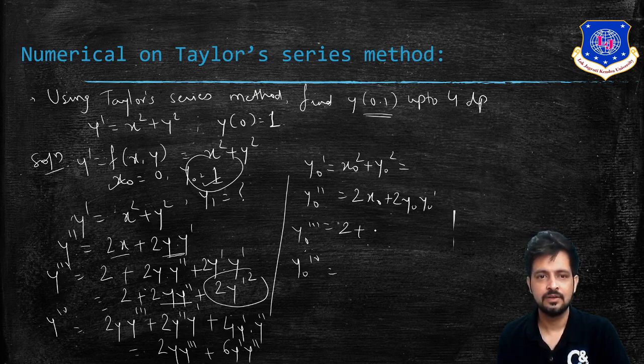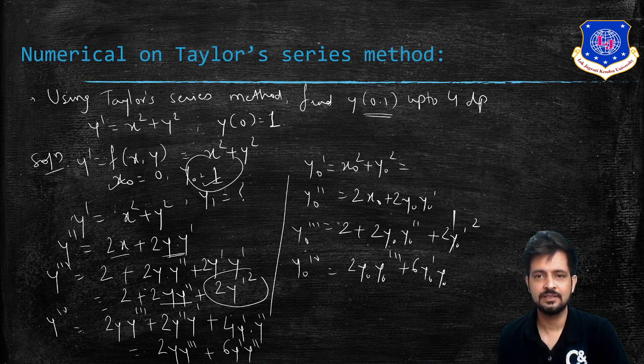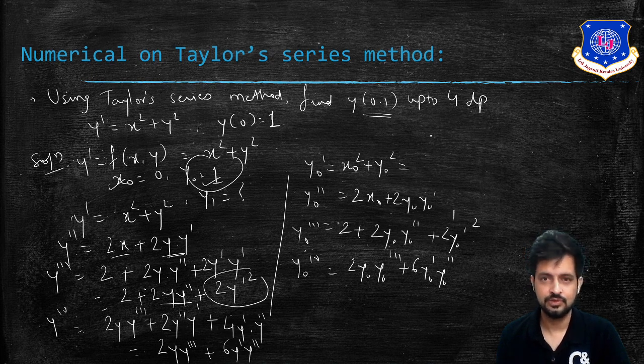Then y0 triple dash is 2 plus 2y0 into y0 double dash plus 2y0 dash square, and the fourth derivative is 2y0 y0 triple dash plus 6y0 dash into y0 double dash. If you place all of these values, y0 dash will be 1, y0 double dash will be 2, y0 triple dash will be 8, and the y0 fourth derivative will be 28.